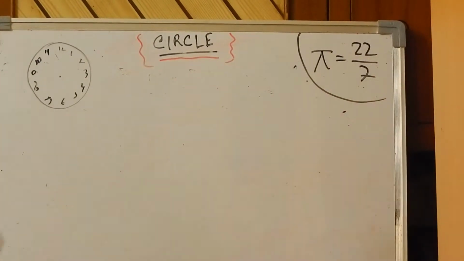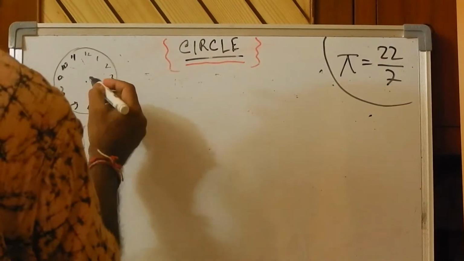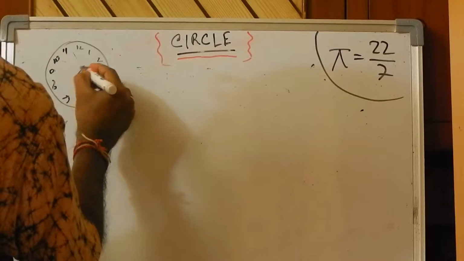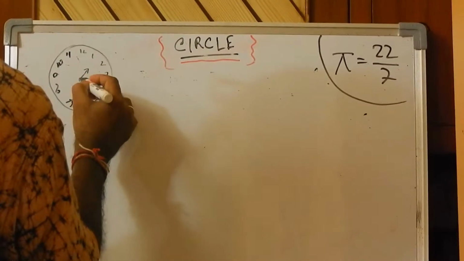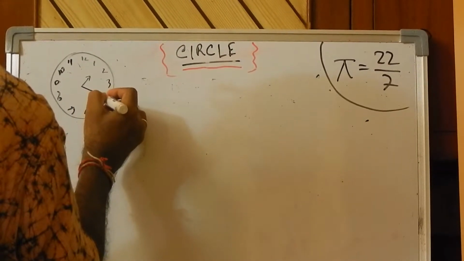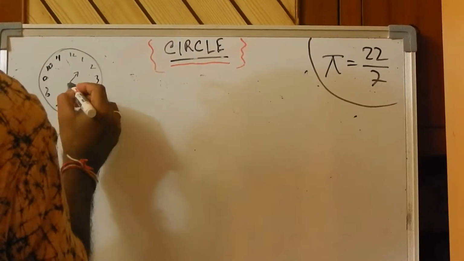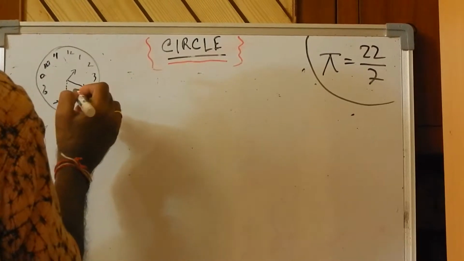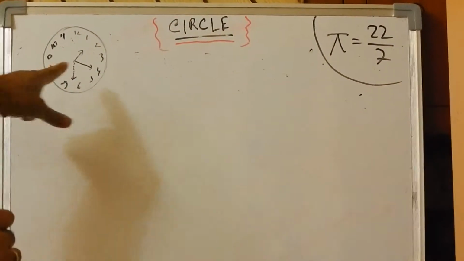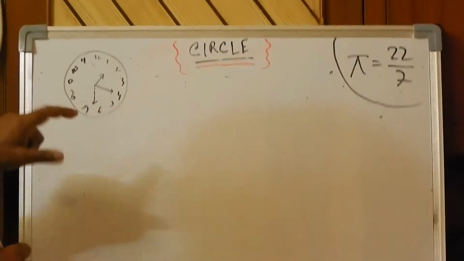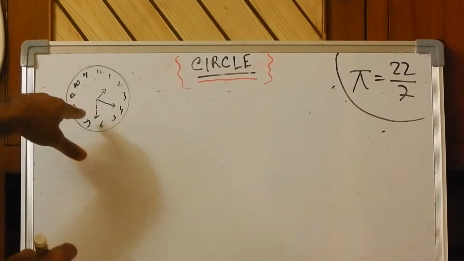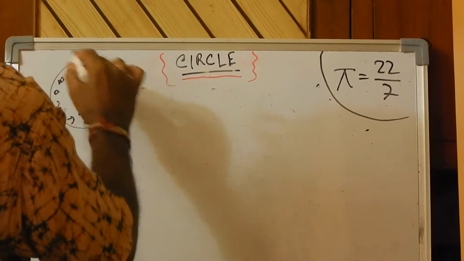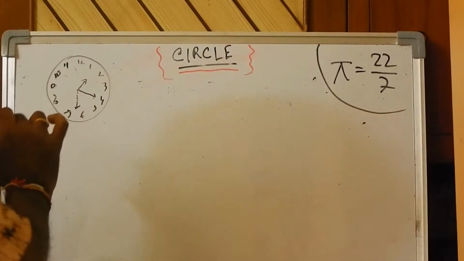That is the basic structure of a clock, and there are 2 hands. One is hour hand, and a bit longer is minute hand, and in some clocks the third one is also there. This is called second hand. So hour hand, minute hand, and the second hand. So the circle is there in case of clocks.